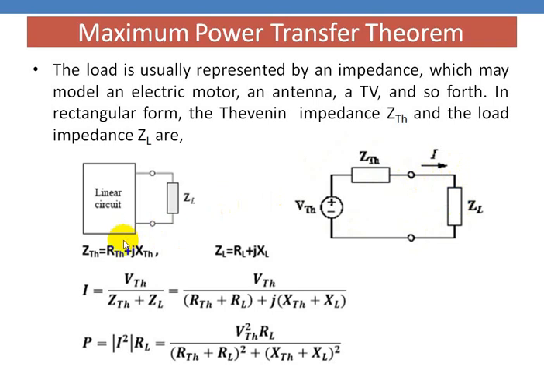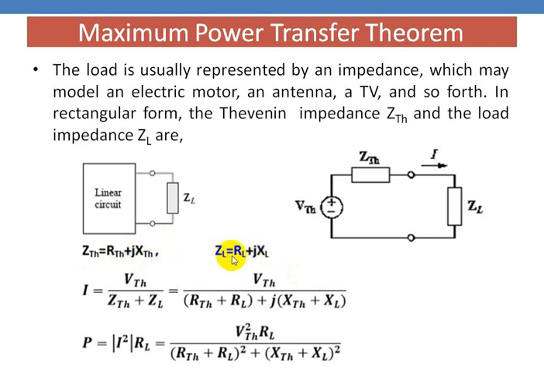Now ZTH will be equal to RTH plus jXTH. I am writing the real part as RTH, the resistance part, and the imaginary part as XTH, that is jXTH.